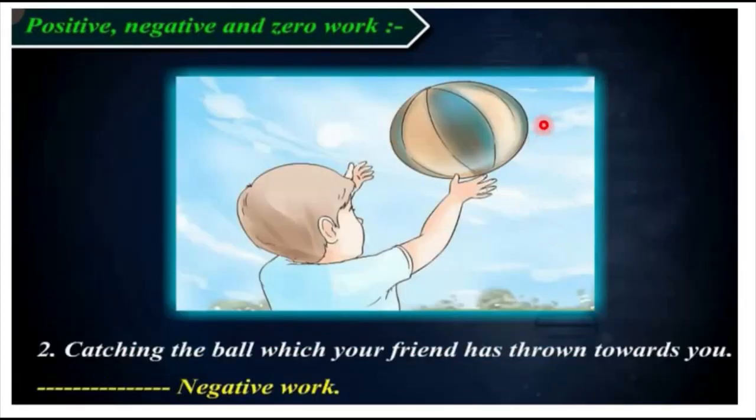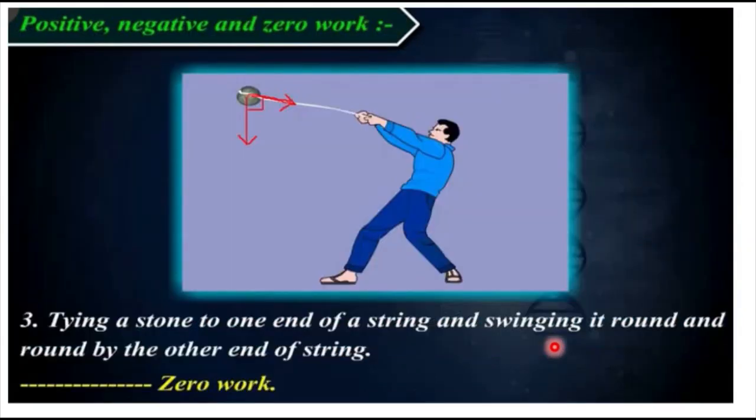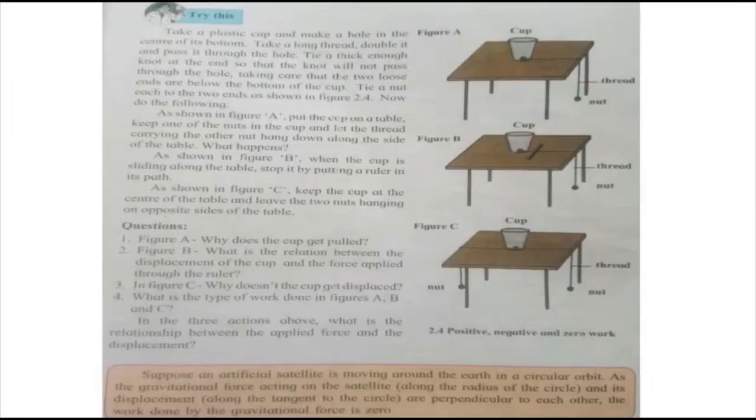In this example, displacement and force are opposite to each other, hence this is an example of negative work. When the applied force does not cause any displacement, or when the force and the displacement are perpendicular to each other, that is theta is equal to 90 degree, the work done by the force is 0. In this example, the directions of force and displacement are perpendicular to each other. Hence, this is an example of zero work.